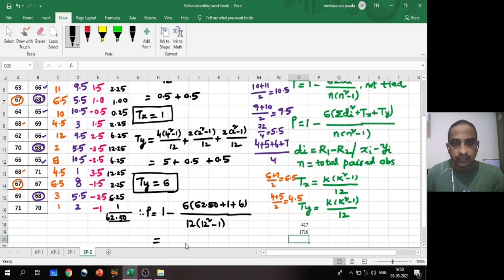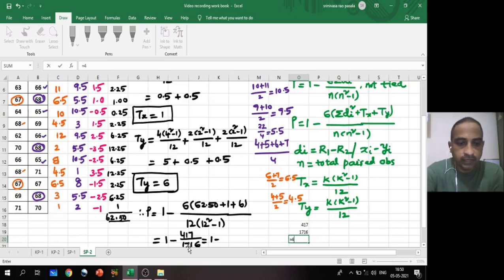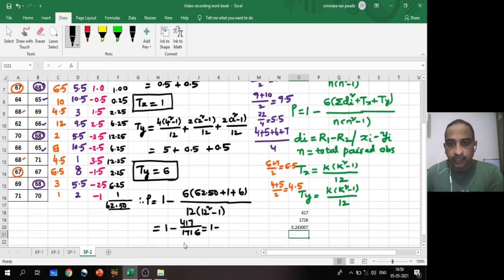So ultimately we are getting 1 minus 417 by 1716, equals 1 minus 417 divided by 1716, right? That value is 0.2430, right?